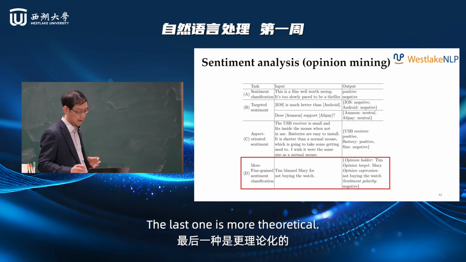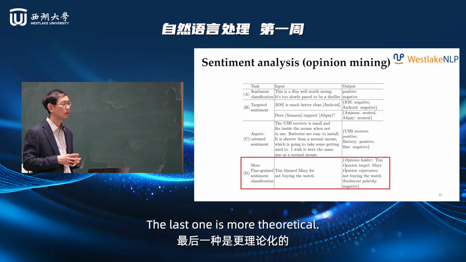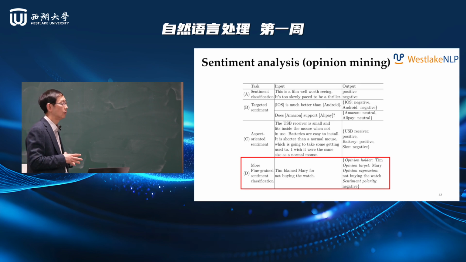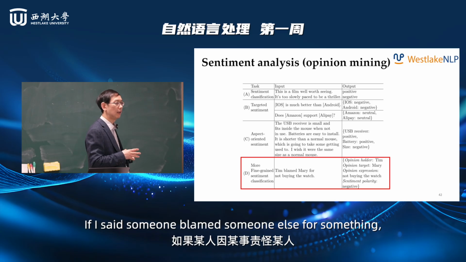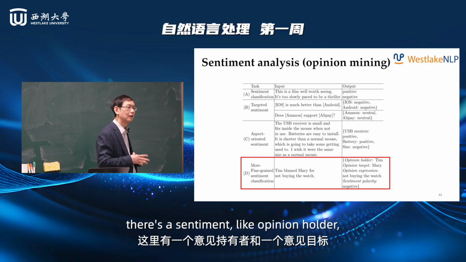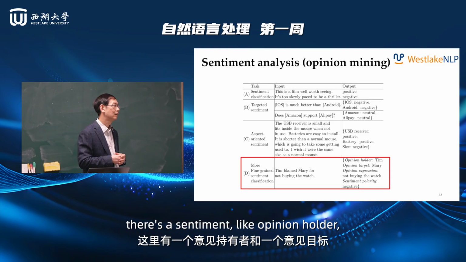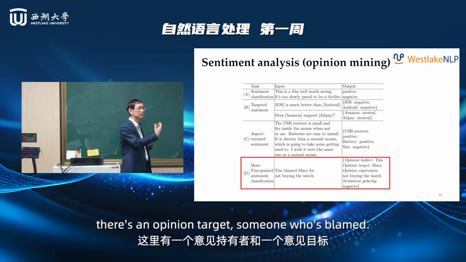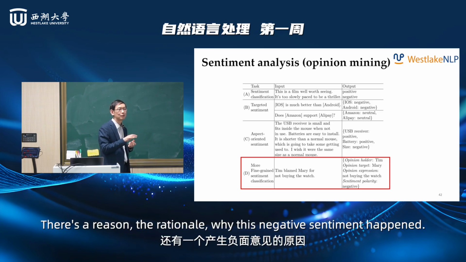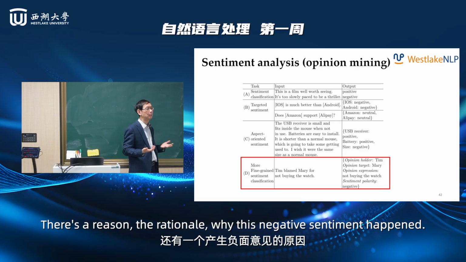The last one is more theoretical. If I say someone blamed someone else for something, there's a sentiment with an opinion holder, someone. There's an opinion target, someone who's blamed. There's a reason, the rationale, why this negative sentiment happened.